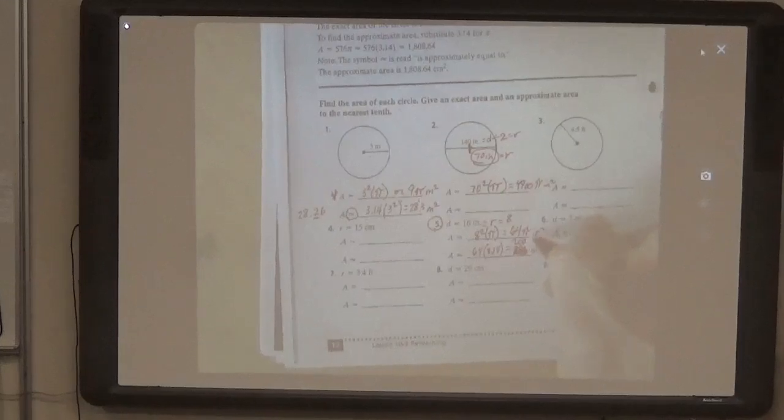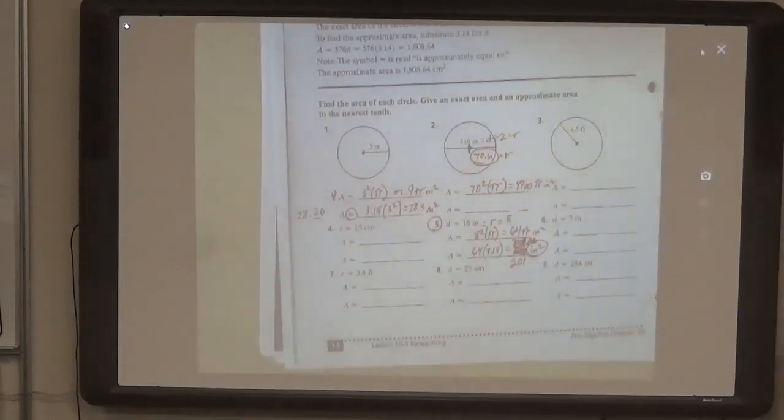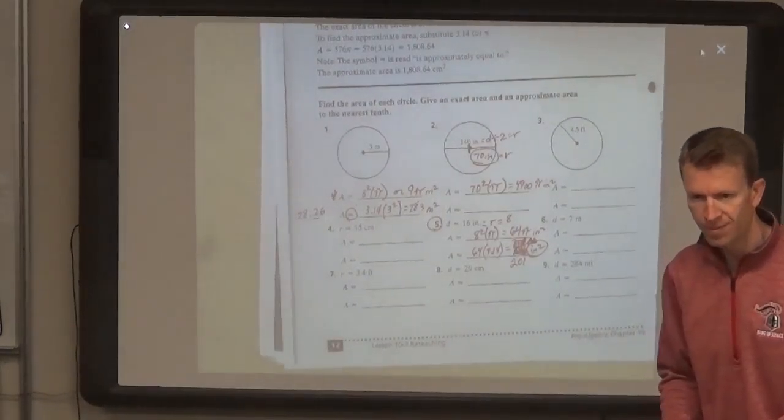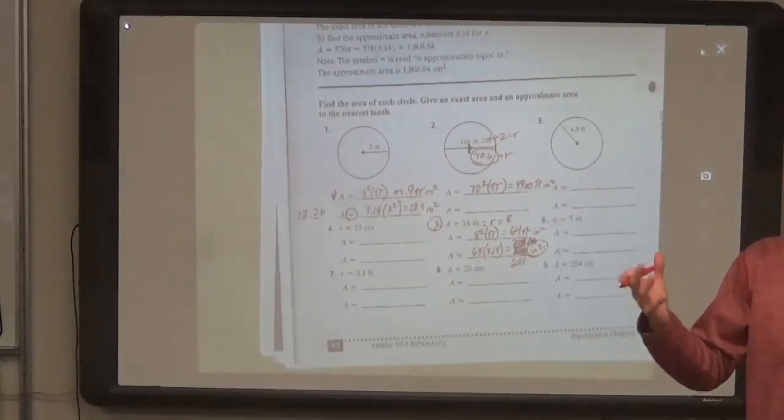So then we'd have to round it to 201. So this one is 201 inches squared. Okay? Questions on that one? Are you getting this? Any questions on approximate versus rounded area?